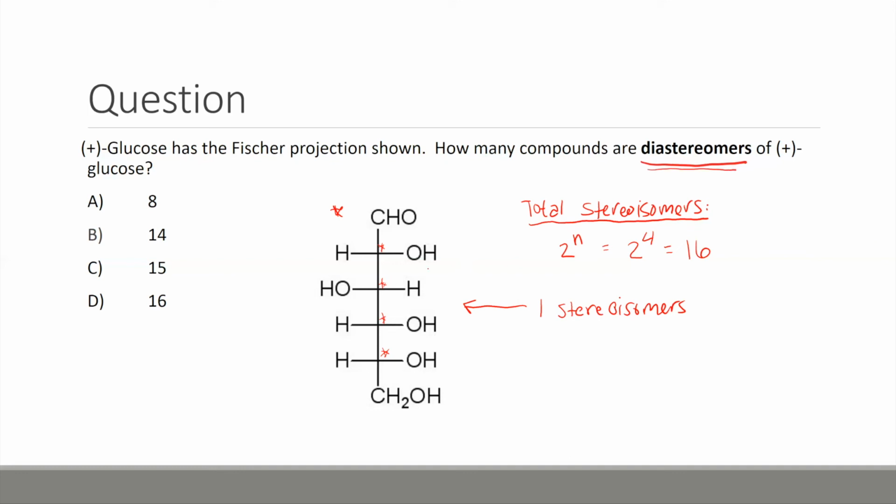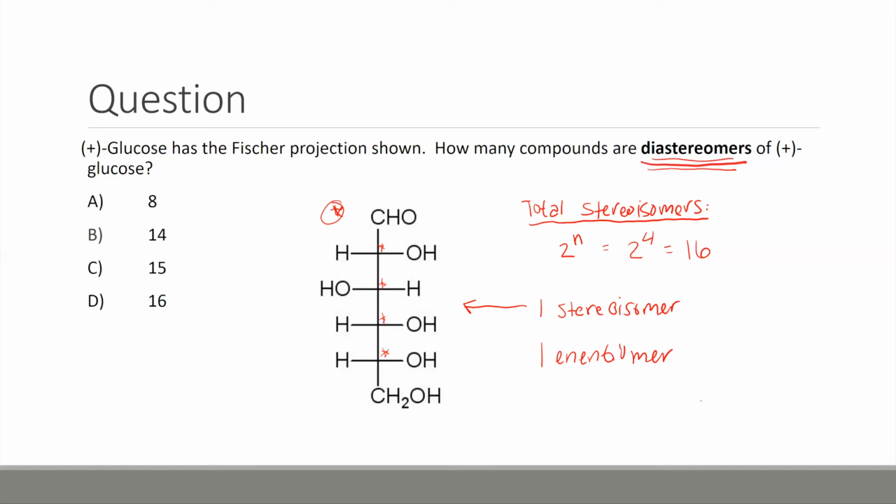Well, we know that there will be at least one enantiomer of this compound, one mirror image version. And that the rest of the compounds will be related to this stereoisomer as diastereomers.